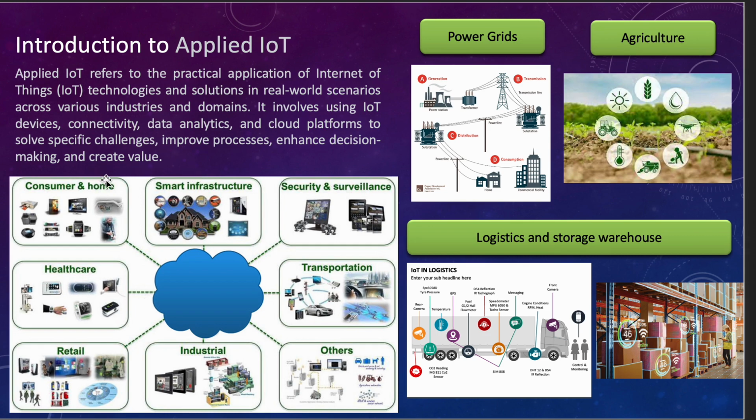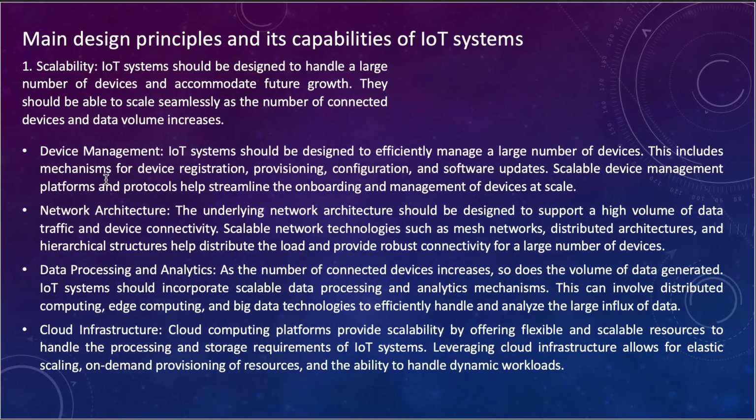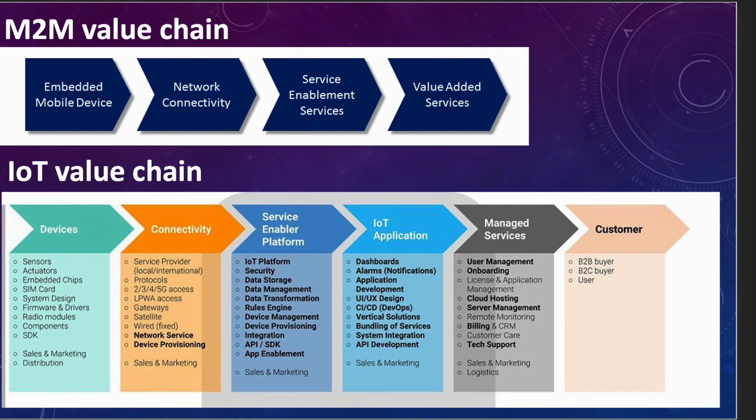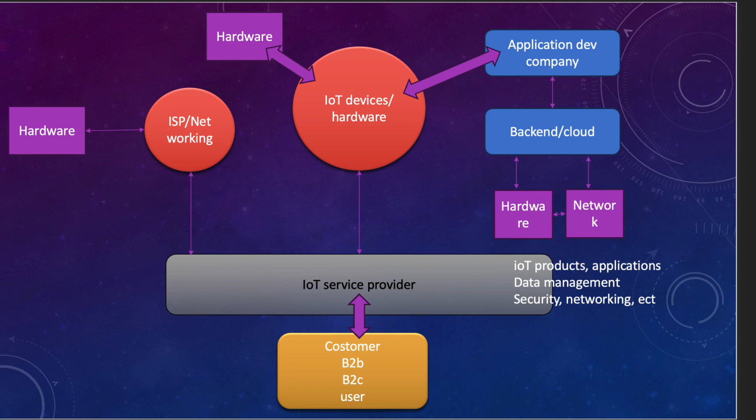Creating value happens through the value chain itself, but your company might have a problem that needs to be solved through IoT. So if you are representing the customer and you are in the service manager position, the first thing you should see is: does the IoT solution given by the service provider fulfill your requirements?